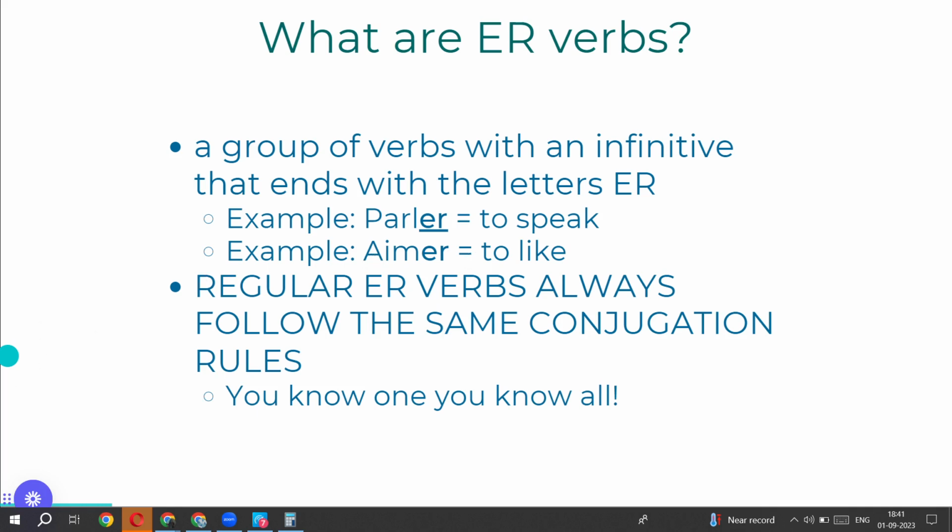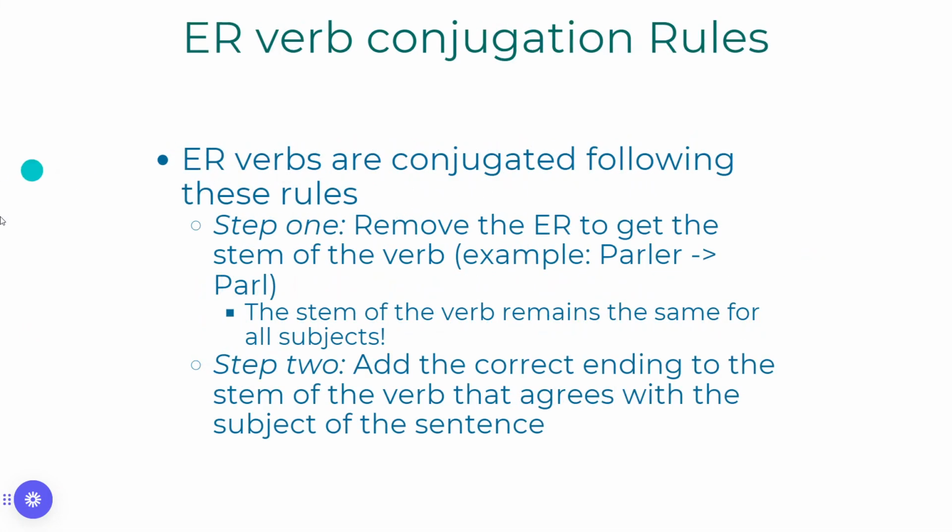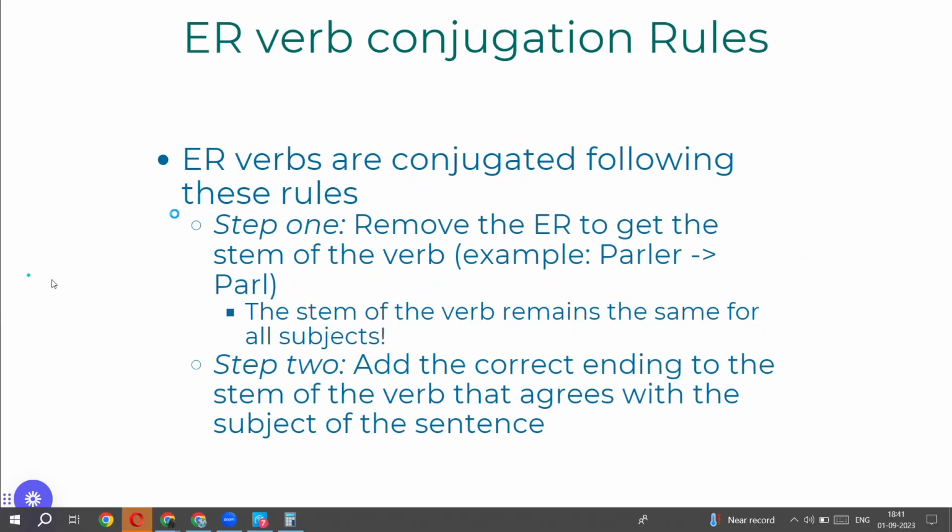Now, moving on. Some rules when you are conjugating with ER. You'll have to make sure that you use the stem of the verb. Now, what is the stem of the verb? Here a verb is parler, that means to speak.